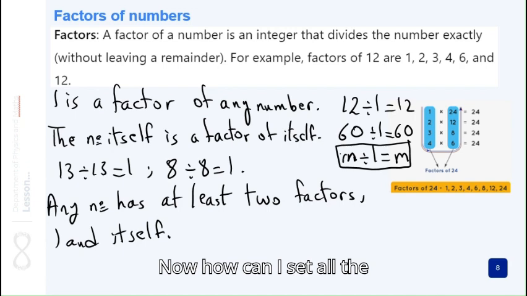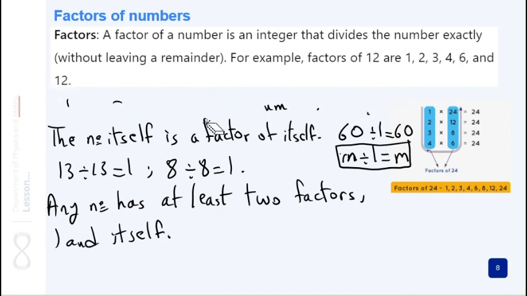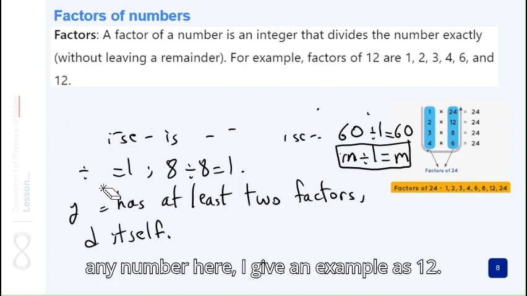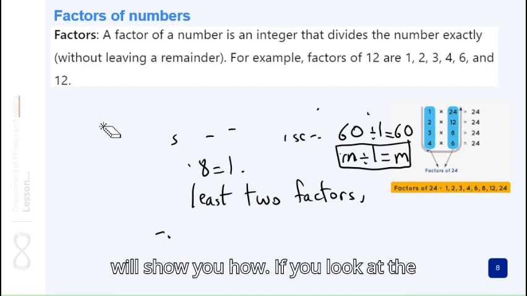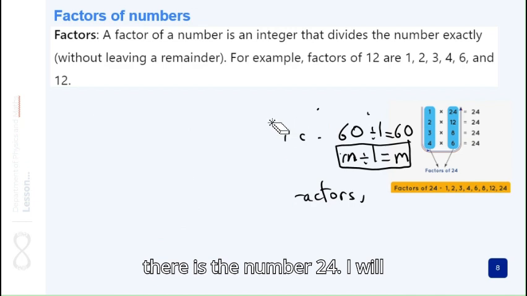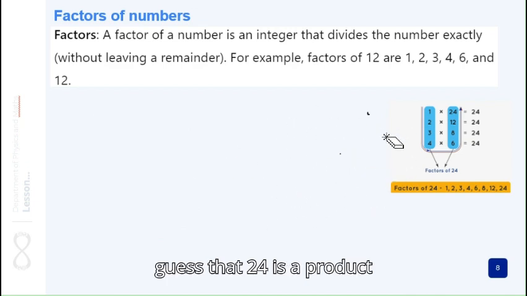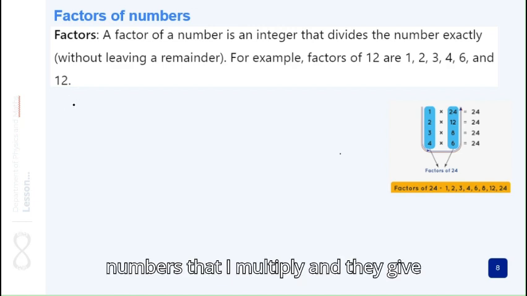Now, how can I get all the factors of a number? I will give an example and I will show you how. If you look at the image on the right side, you see that there is the number 24. I will guess that 24 is a product, and I will see all the possible pairs of numbers that I multiply and they give 24.